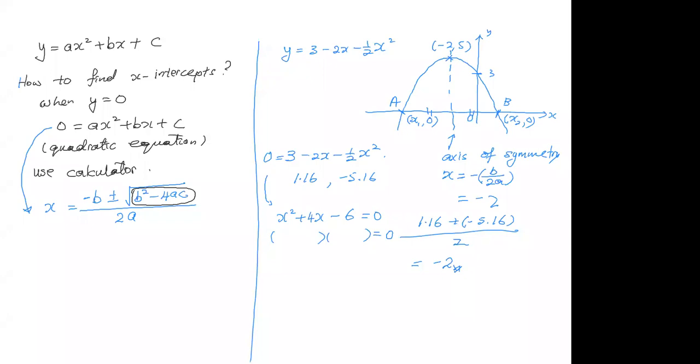So we have to remember, if the value for this expression is greater than 0, it implies that the quadratic equation has 2 real roots. So the quadratic equation will have 2 solutions. Like our case here. You see?